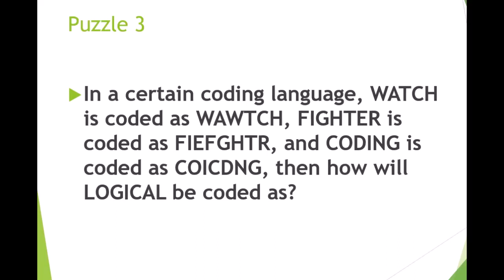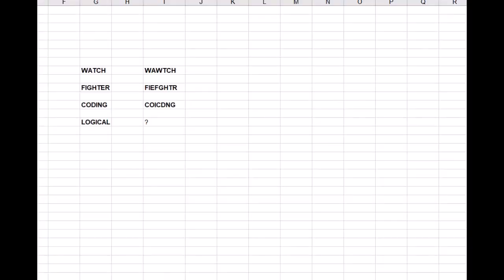So if you see such kinds of puzzles, now I'll tell the steps to solve this. I have written down what all is given. These are the original data and this is the coded data. Now we have to find the relation between the original data and coded data.